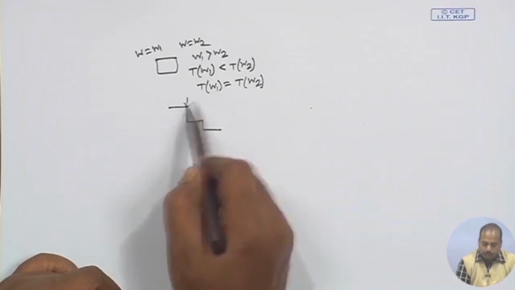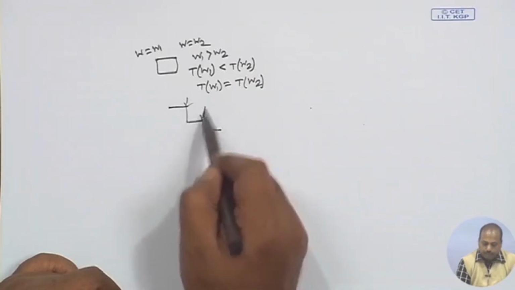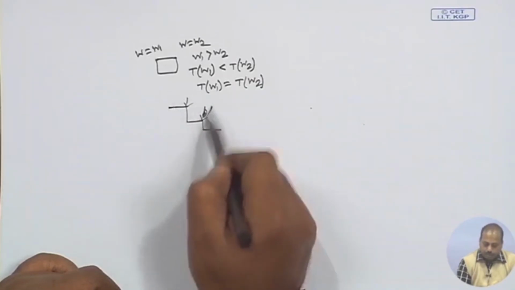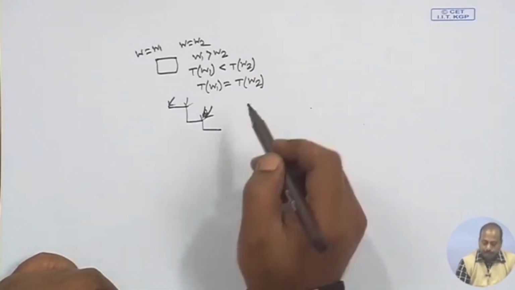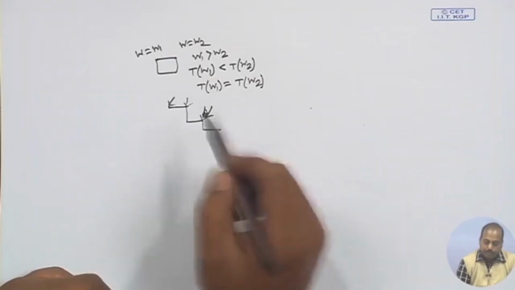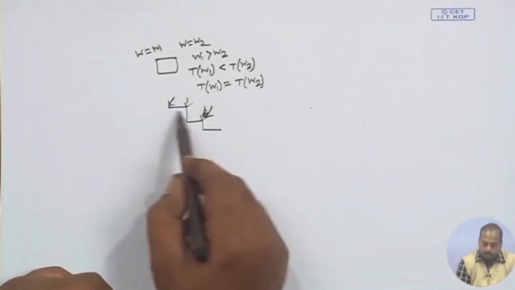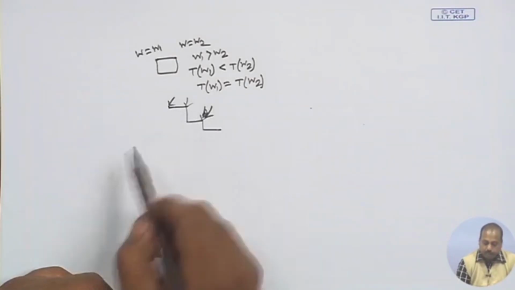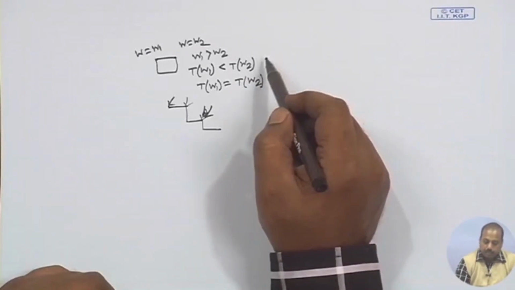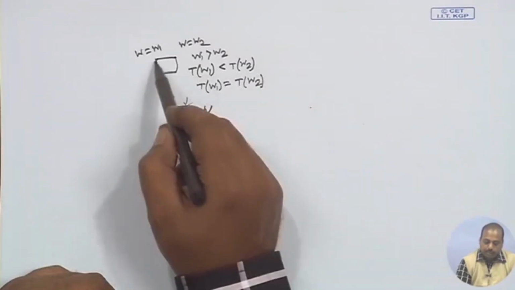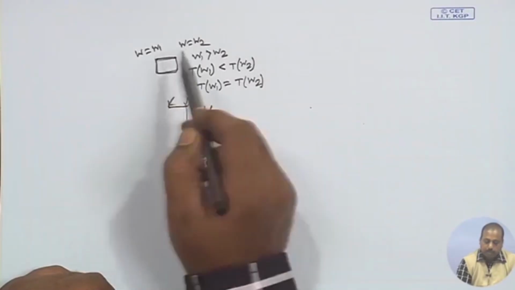These Pareto optimal points occur at each of these points. However, it may so happen that for some cores this type of Pareto behavior does not exist. Whatever TAM width we assign to this core, it takes a huge amount of time.